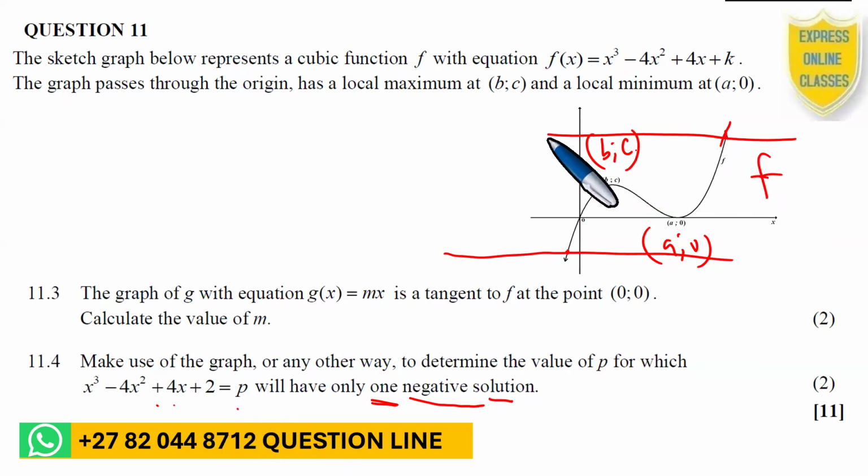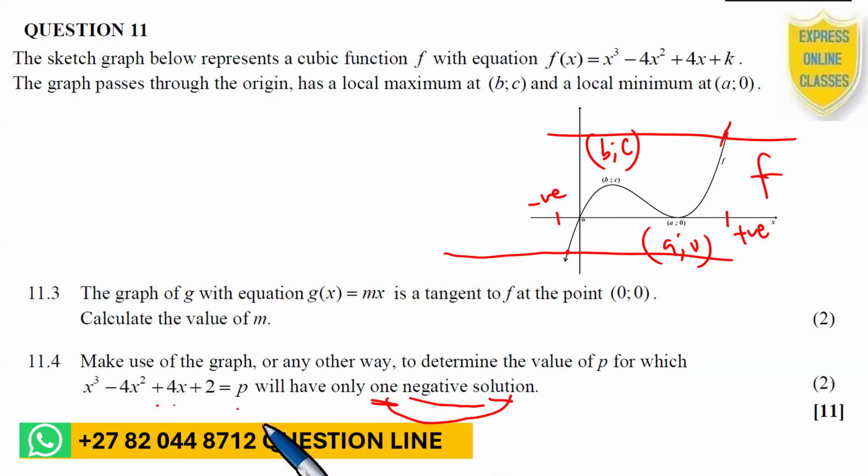Now if you draw a line here and they intersect here, there's one solution. By one solution, we mean one point of intersection. But here, the corresponding x value at the point of intersection is going to be positive. But if you draw it here, it's going to be one solution, but it's going to be negative, which is what they want.